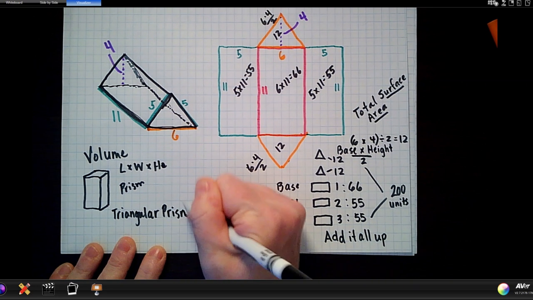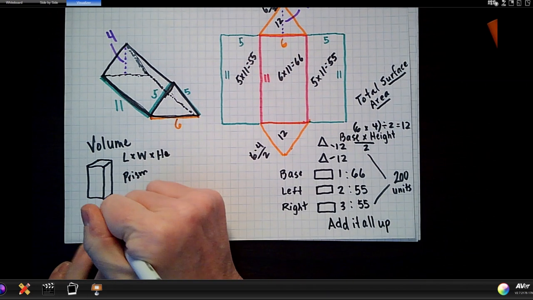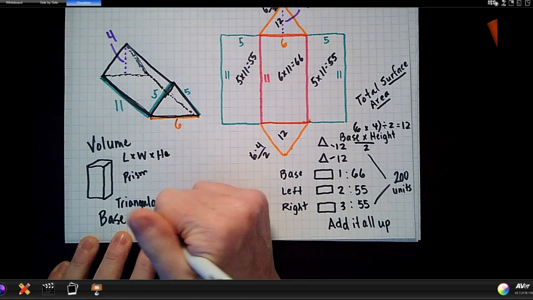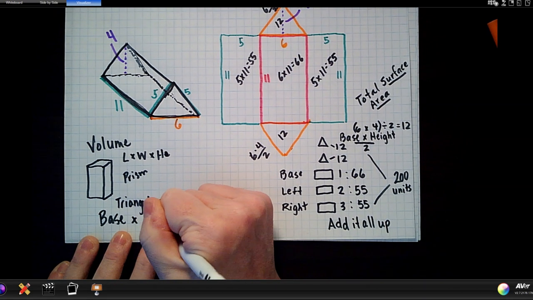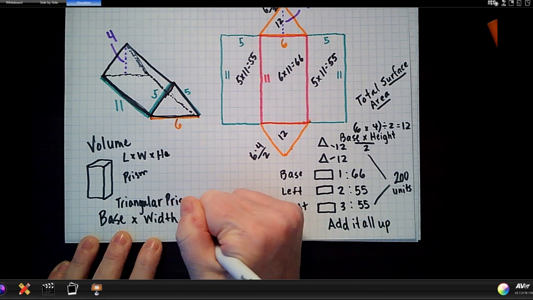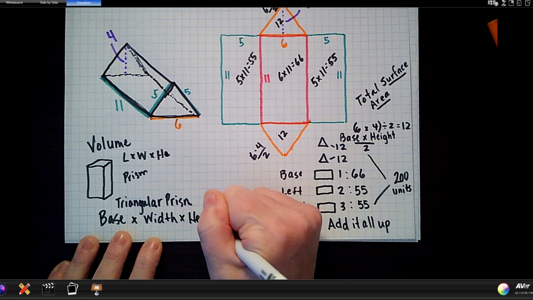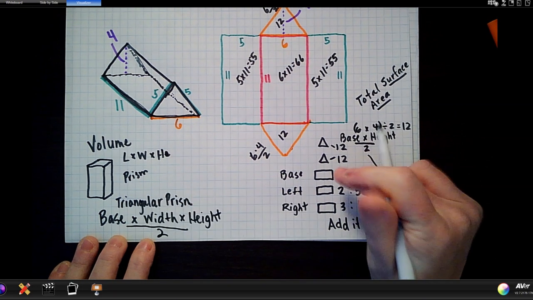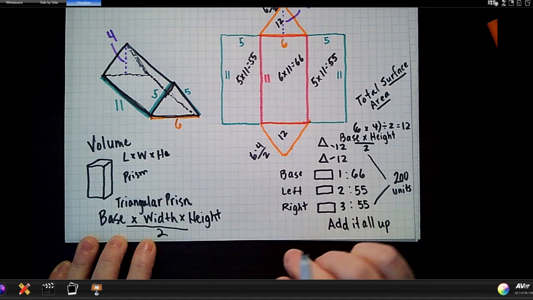it's the same, but instead of length, we say base, okay? Because base of a triangle is the same as its length. Base times width times height. Okay, and then we're just going to divide that by 2, just like we did when we found the area of our triangles.